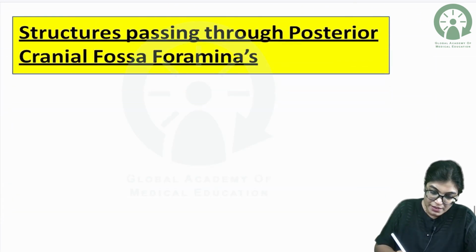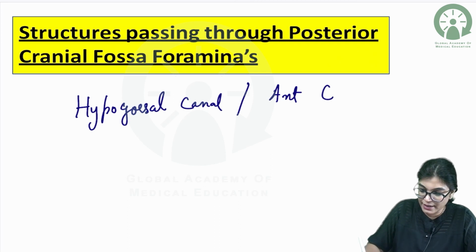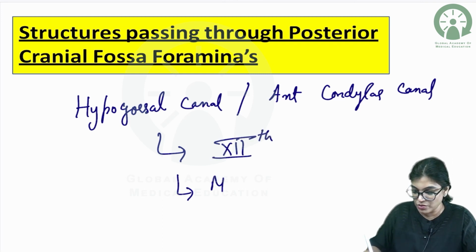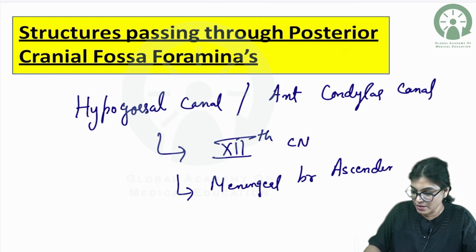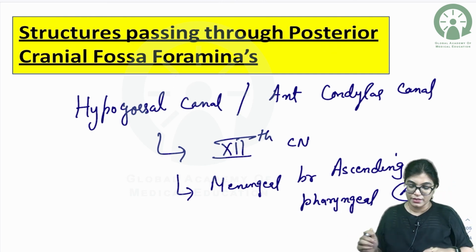Now the structures passing through the hypoglossal canal, or anterior condylar canal of the foramen. The 12th cranial nerve passes through this, and the meningeal branch of the ascending pharyngeal artery also traverses through it.